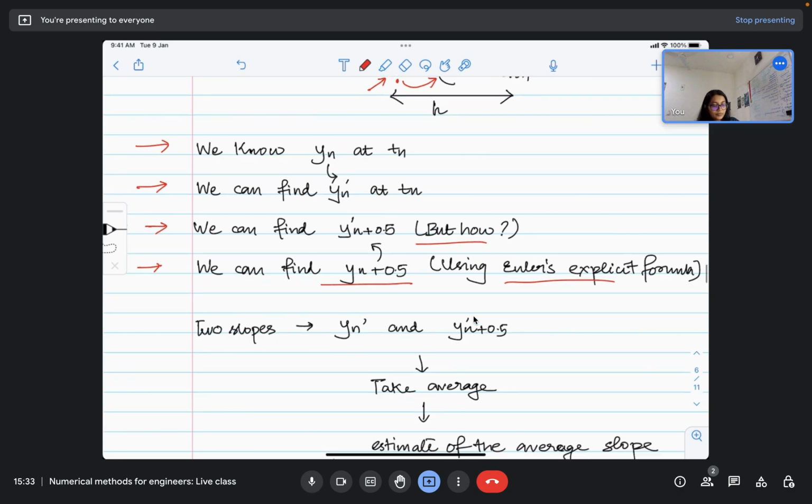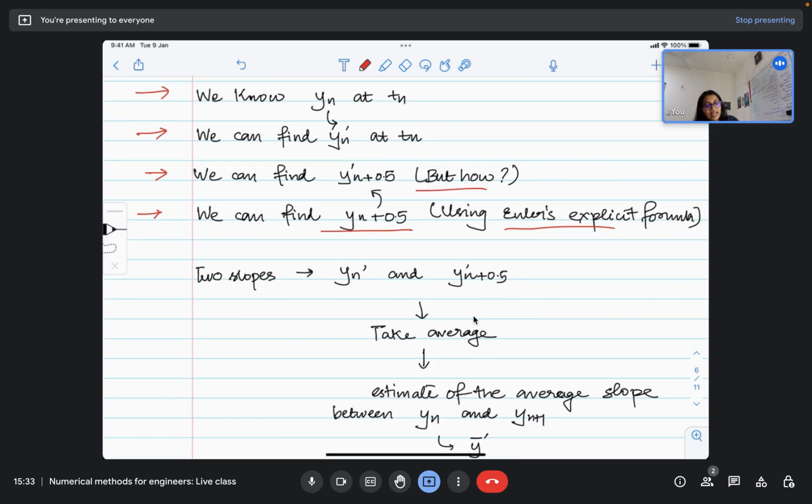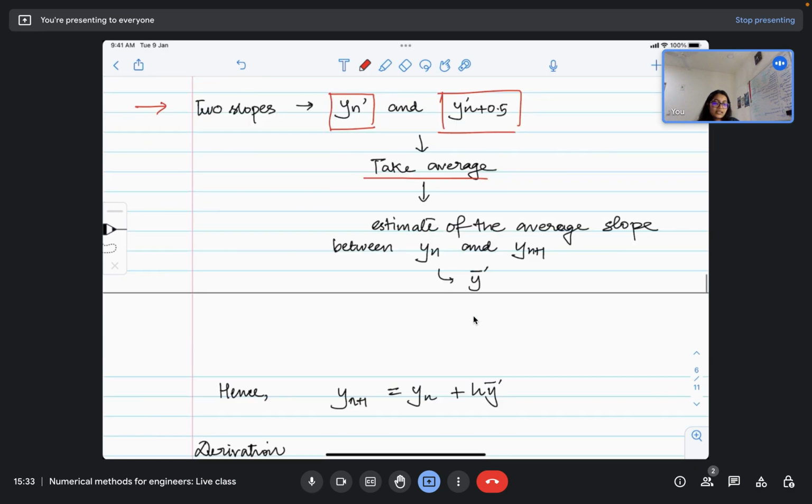Now that we have two different slopes, one at obviously the original point, that is y dash at n, and the slope at the intermediate point, which is at n plus 0.5, we take the average of these two, and this is claimed to be a better estimate of the average slope in between these 2 points that we are trying to find out.